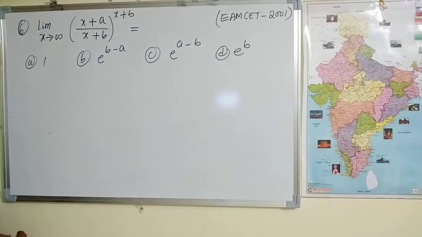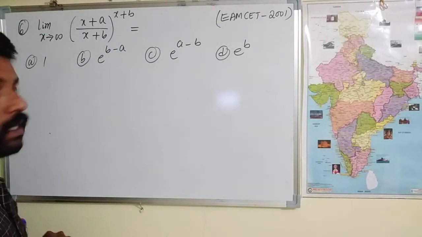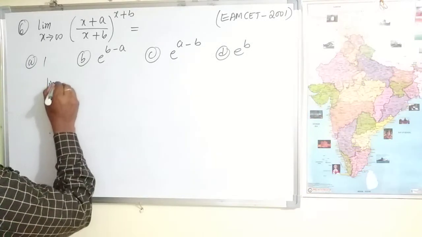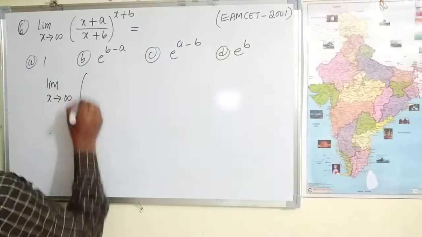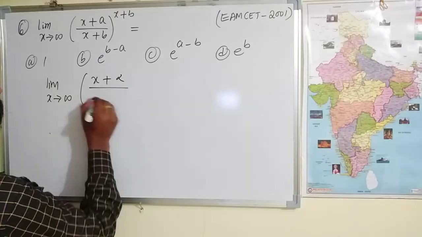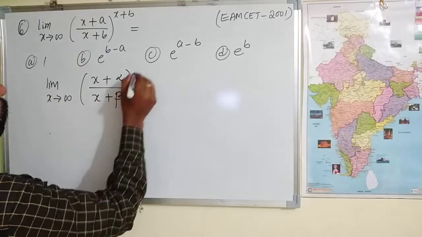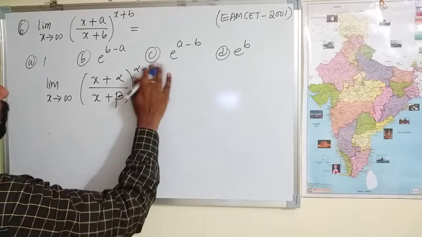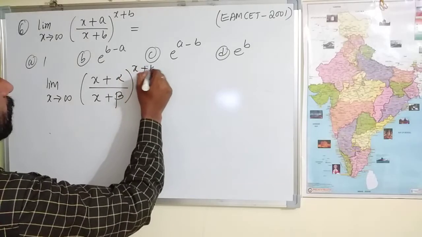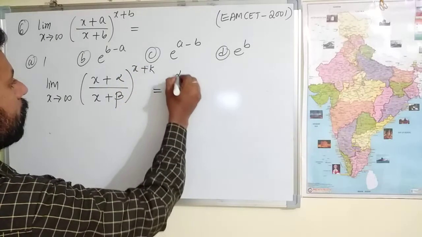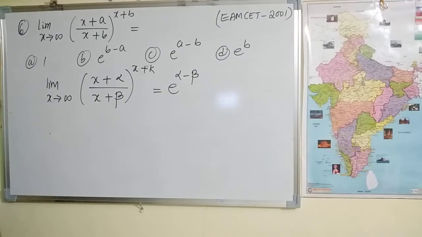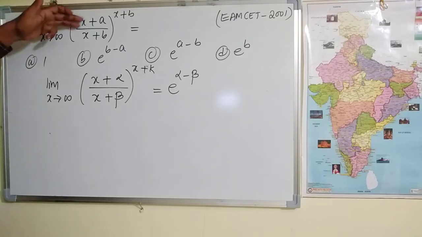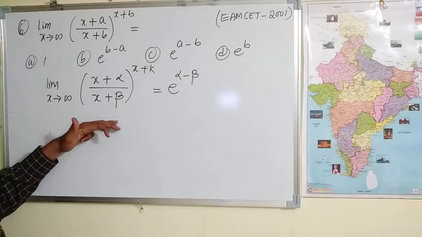To solve this problem, we use the standard result: limit x tends to infinity, x plus alpha divided by x plus beta to the power x plus k is equal to e to the power alpha minus beta. Now this limit function, compare with the standard result.